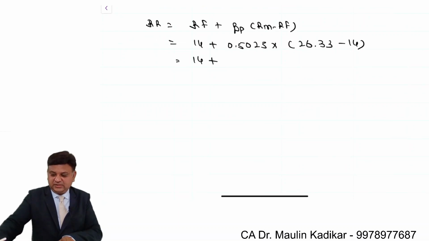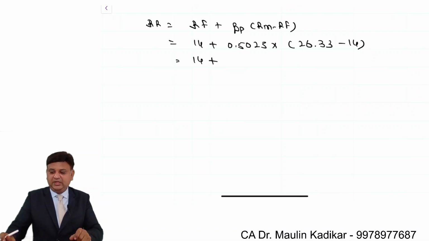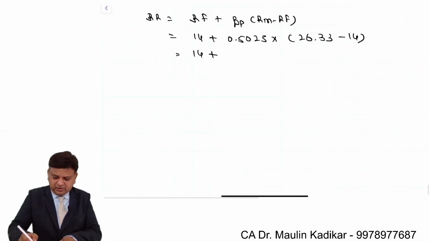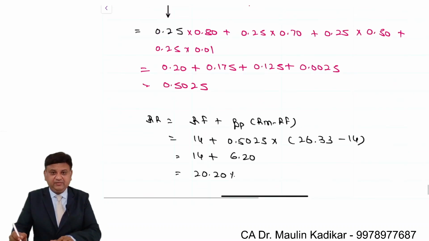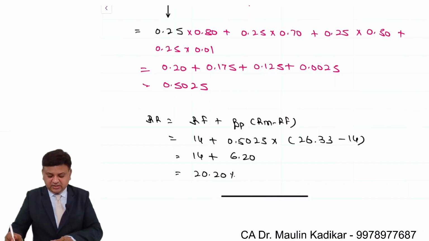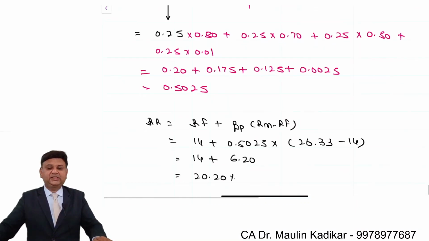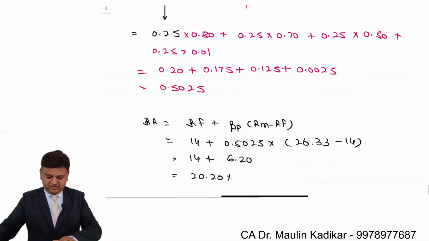So 14 plus 26.33 minus 14, that is 12.33, into 0.5025 is 6.1958. That comes to 6.20. So 14 plus 6 is 20, so 20.20. That is the way the return can be calculated. This is the average rate of return.